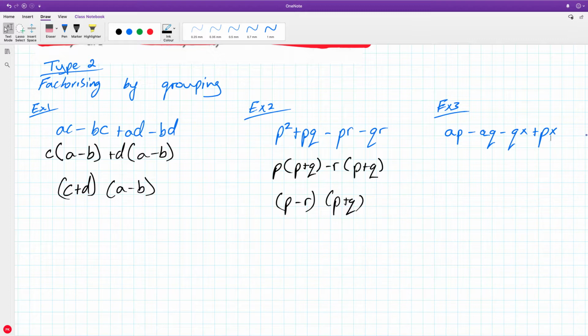AP minus AQ minus QX plus PX. Right. Julianne, factorize it for me, so.